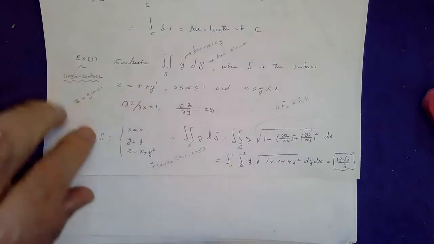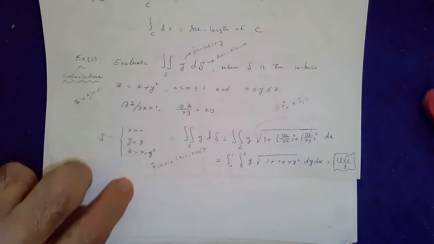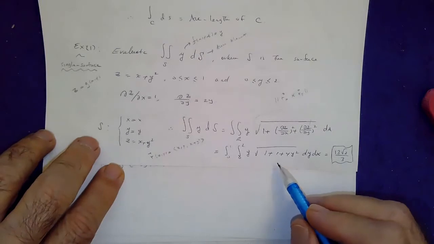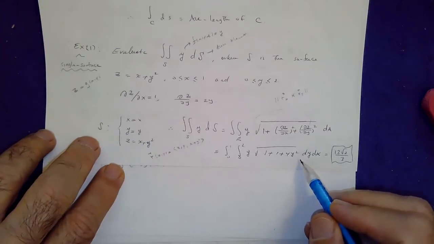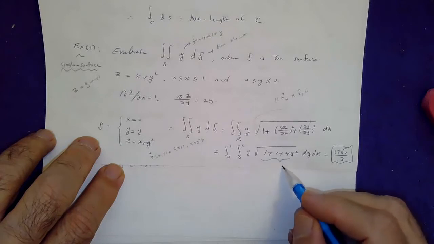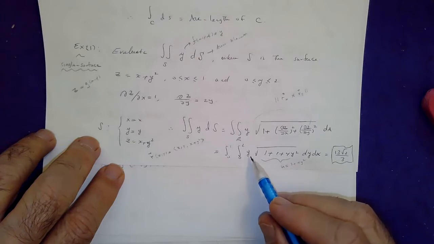And remember, to parameterize the surface I always need two parameters. So when you set this up, you get this kind of integrand, which is 2 plus 4y squared. But if you let this entire radicand be u, which is 2 plus 4y squared, du is almost out there in front of the radical.